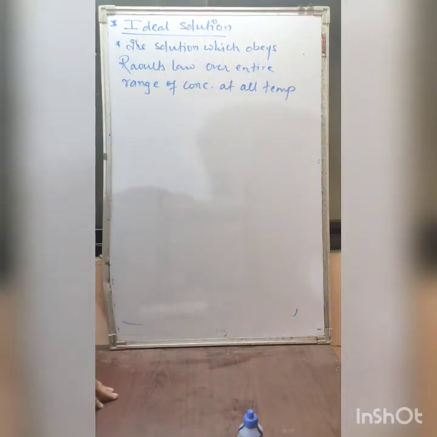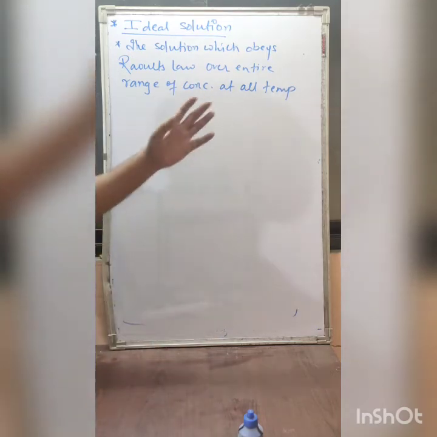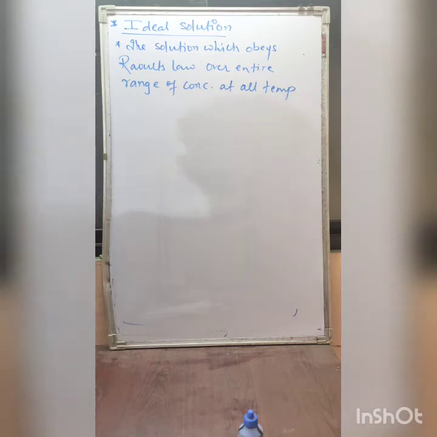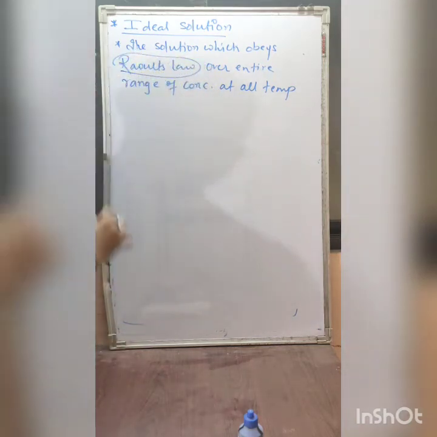A solution which obeys Raoult's law, what do we call it? We call it an ideal solution. Now we will discuss Raoult's law. Okay, we have discussed Raoult's law already.